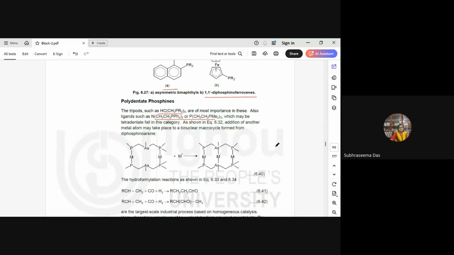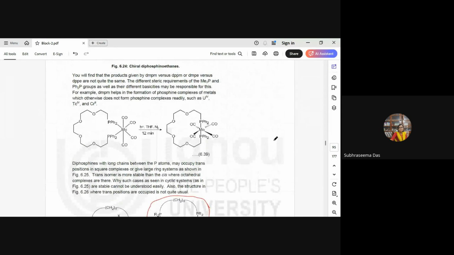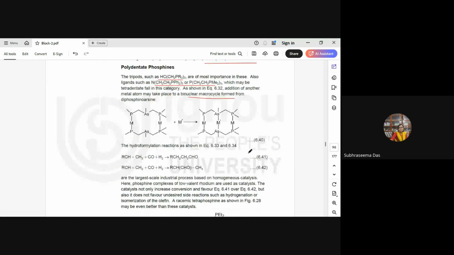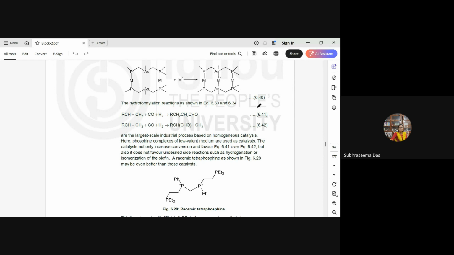As shown in equation 6.32, the addition of another metal atom may take place to form a binuclear macrocycle, where molybdenum and tungsten, both binuclear, the complex has been formed. Similarly, it is possible for polydentate ligands, like in the hydroformylation reactions, shown in equations 33 and 34.